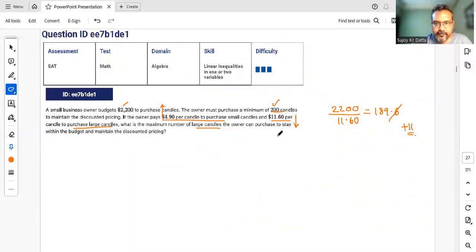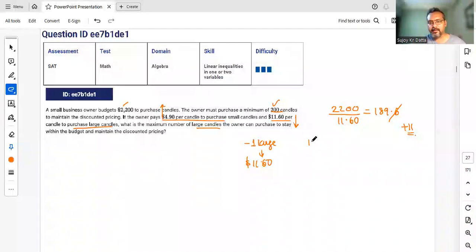Now, if you reduce one large candle, so minus one large would release you 11.60 additional funds, right? So using these, you can buy a number of small candles. If your small candles are costing 4.90, how many small can you buy?